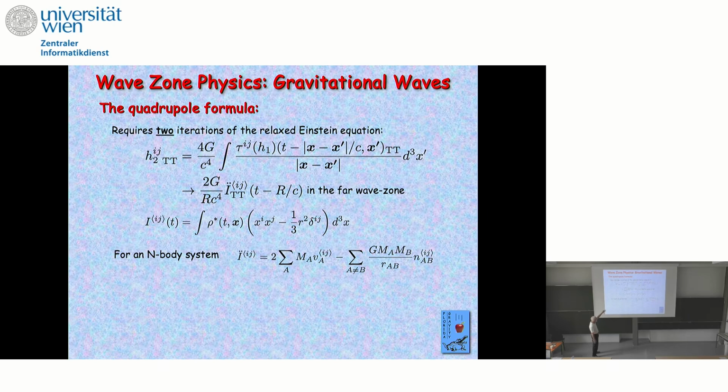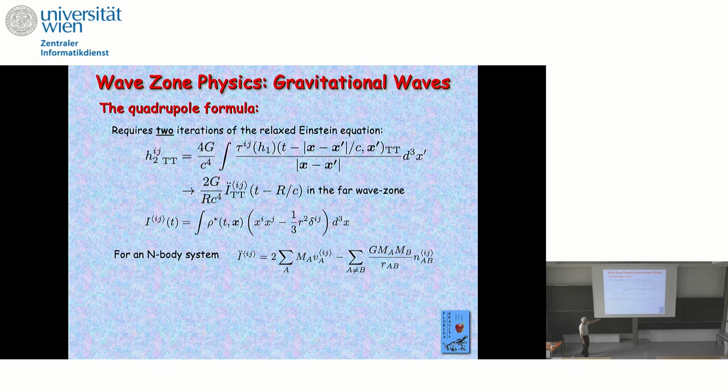Namely, if you contract on i and j by summing over all 3 values, this just gives r squared, and you contract a Kronecker delta, you get 3, because it's just 1 plus 1 plus 1, and so you get 0 for the answer. So it's the trace-free part of the quadrupole moment that is the basic source for our gravitational wave signal.